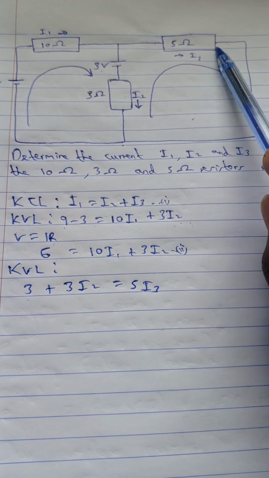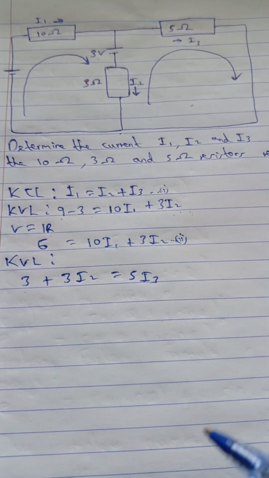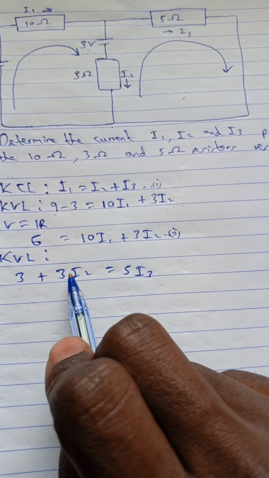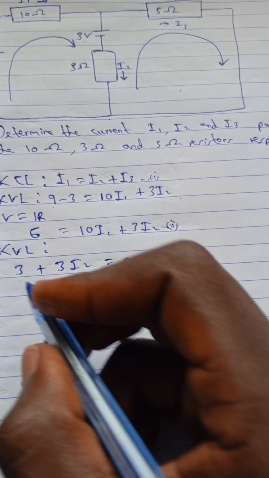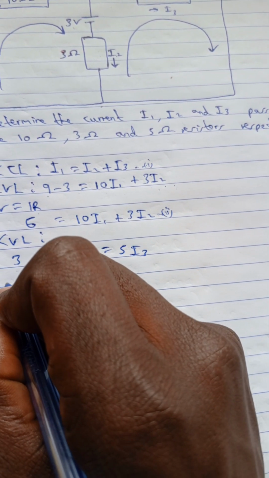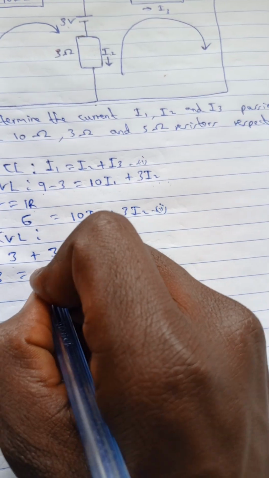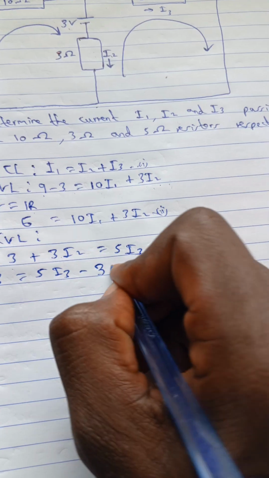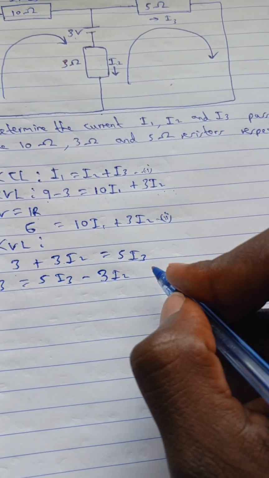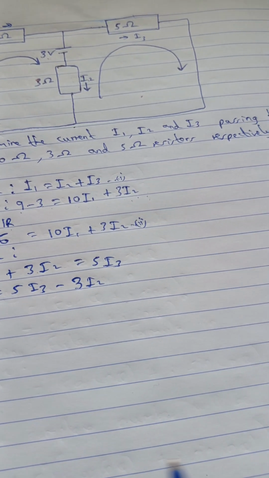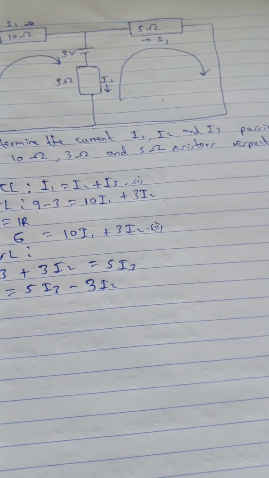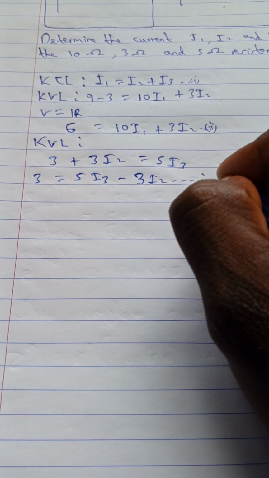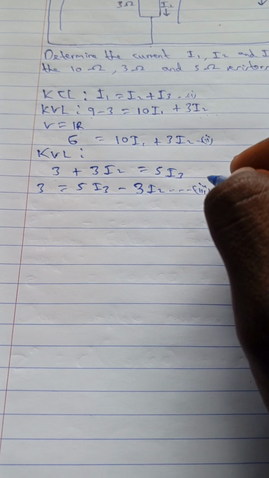That is the second loop. Then you can group like terms together, so that we have 3 is equal to 5I3 minus 3I2, and we can let this one be our equation 3.